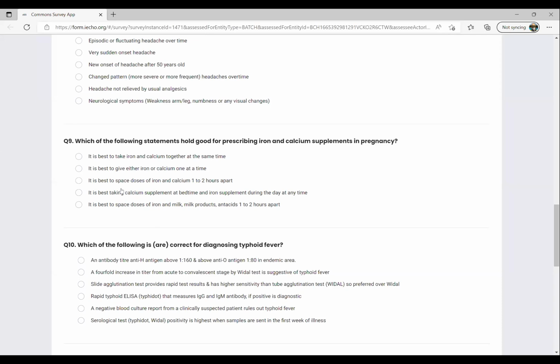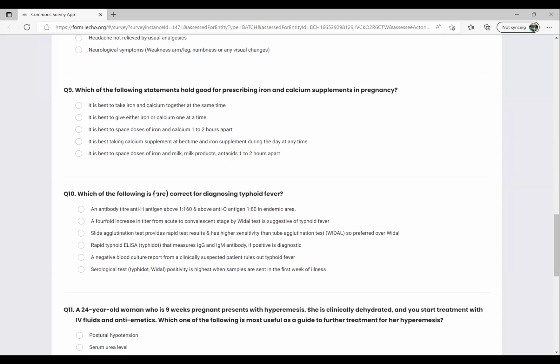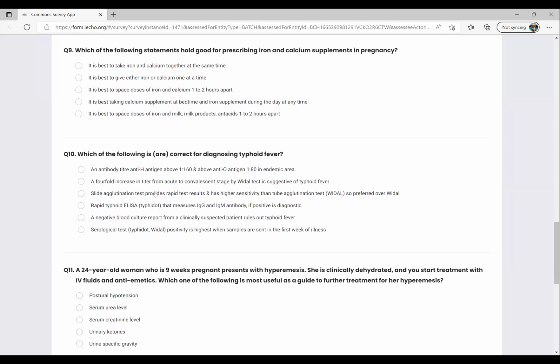So the correct option here is, it is best to space doses of iron and milk product, antacid, 1 to 2 hours. Sorry, calcium is missing. So both this option and the third option are correct here. You need to take care of the dietary interactions as well. And I think with this one correction, a lot of improvement can be seen clinically.